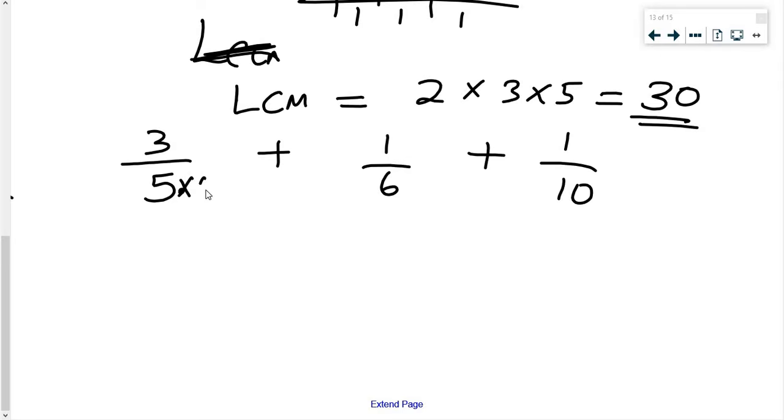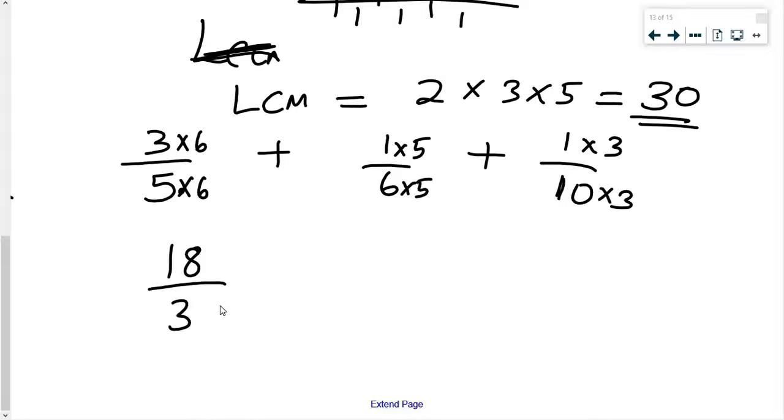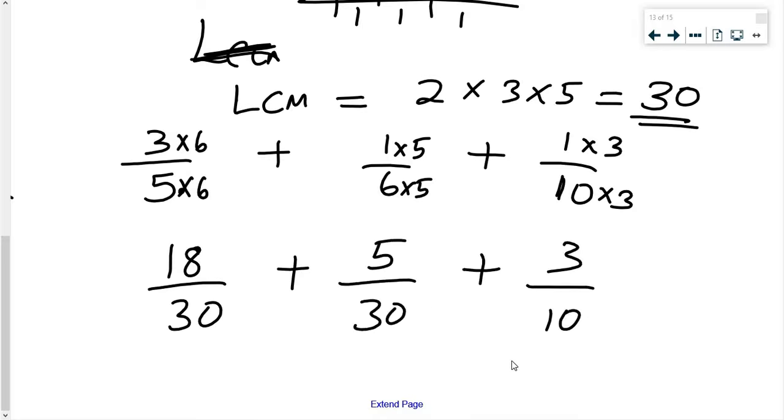So multiply by 6 here, multiply by 6 here. Turn 6 into 30, multiply by 5 here, multiply by 5 here. Turn 10 into 30, multiply by 3, multiply by 3. Now you'll have 18 upon 30 plus 5 upon 30 plus 3 upon 30.